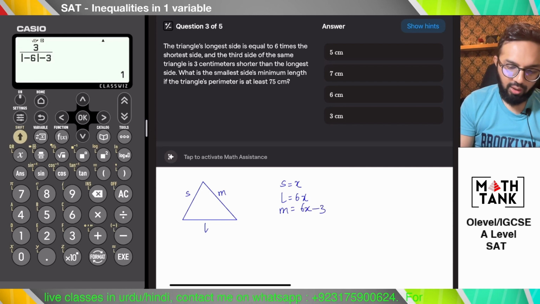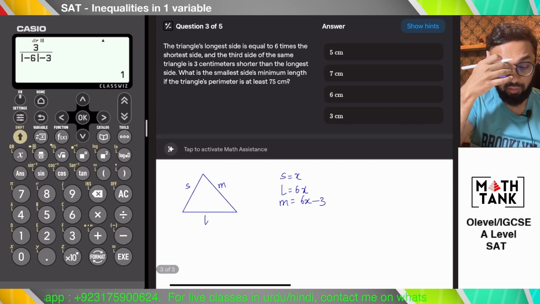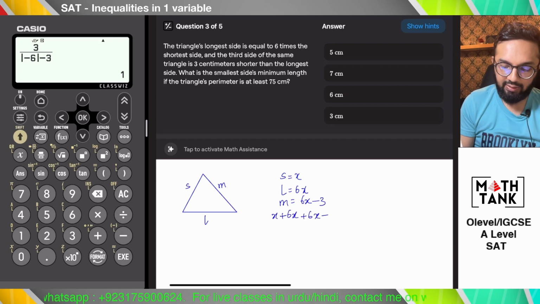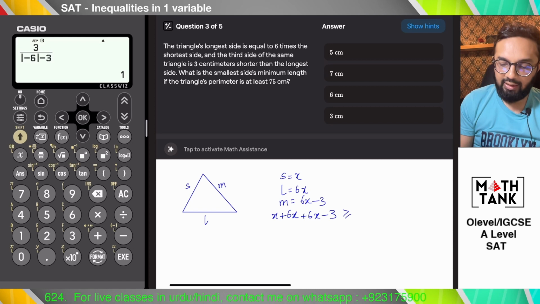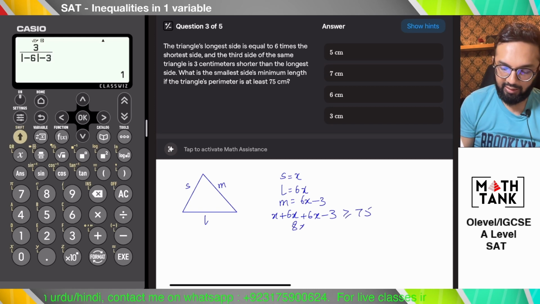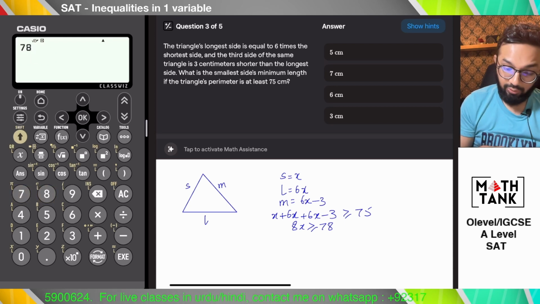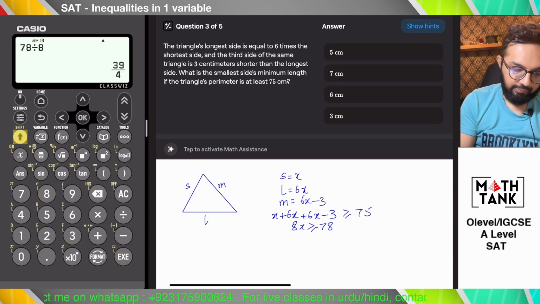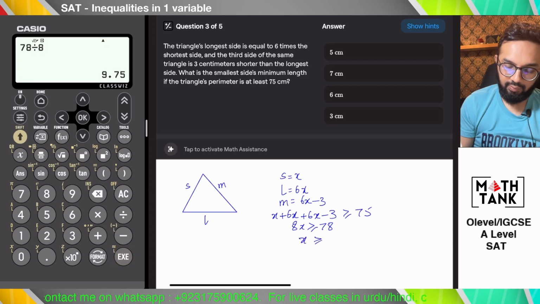What is the smallest side's minimum length if the triangle's perimeter is at least 75? So x plus 6x plus 6x minus 3 is at least 75. So 8x is greater than or equal to 78.